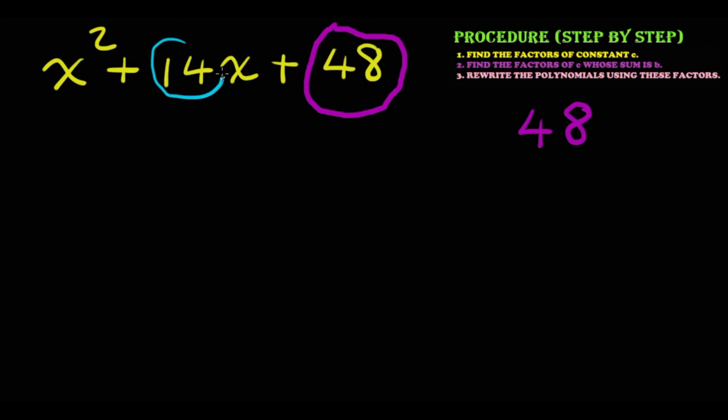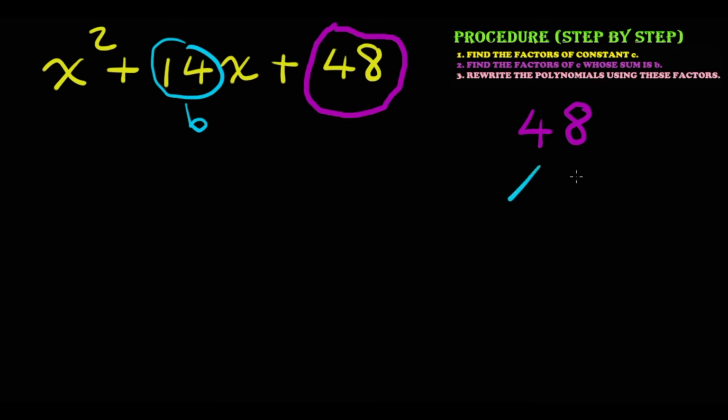Okay, so you're basically doing guess two factors and then check it. And if you're lucky, you get it right the first time. So think of factors of 48. Can you think of two numbers that multiply to get 48, but when you add those two numbers, it comes out to 14?